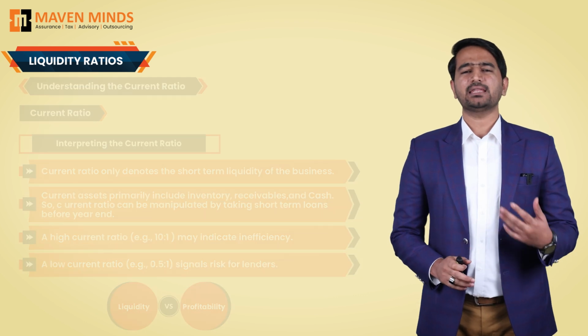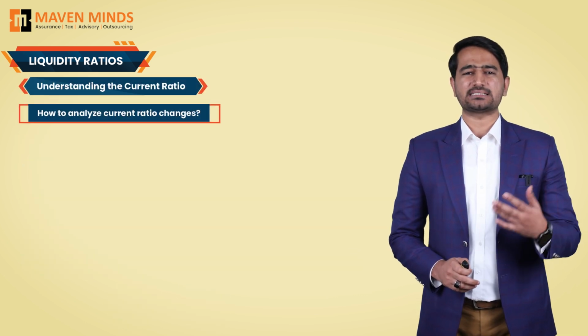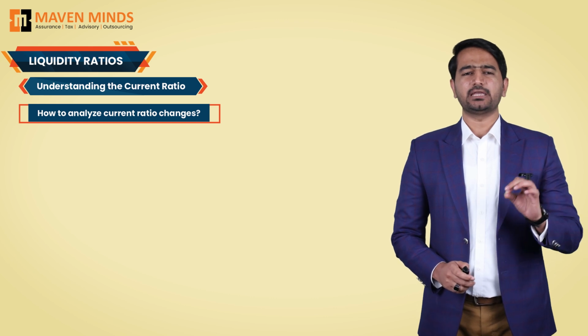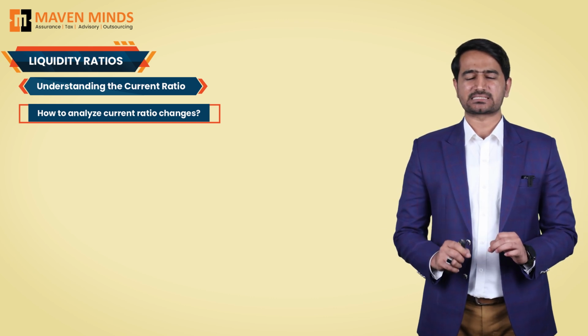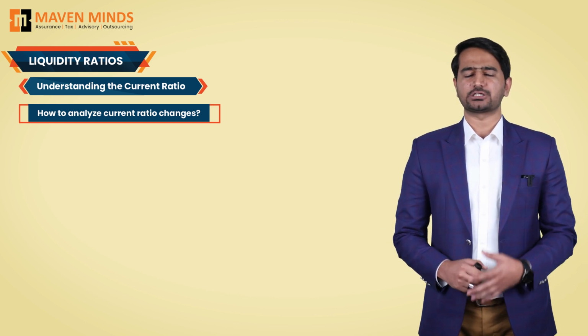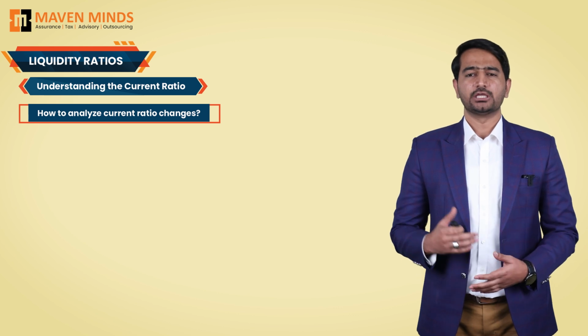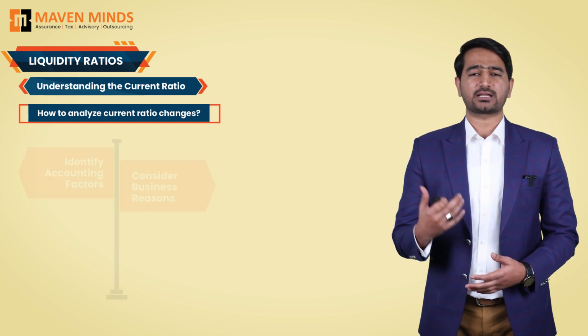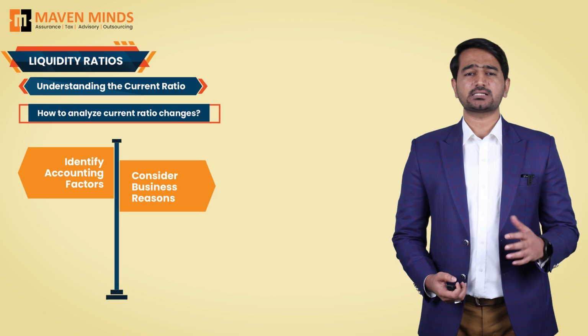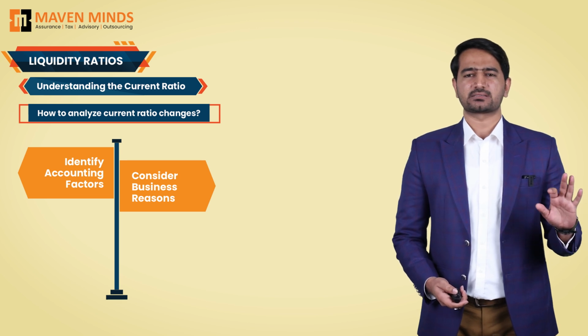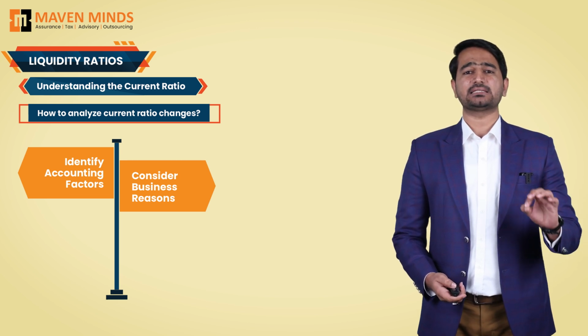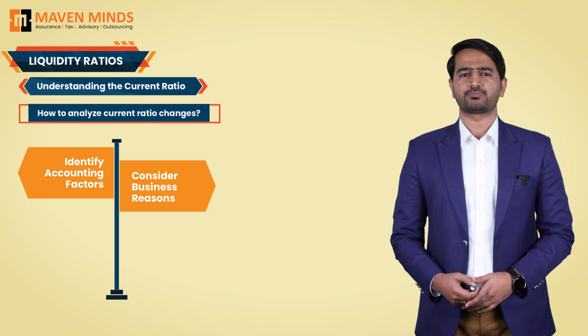Now, when analyzing the current ratio in your exams, you need to identify potential reasons that might affect your current ratio. For example, you need to find out some accounting factors. Accounting factors are not real business reasons, but these are reasons that eventually affect the ratio.